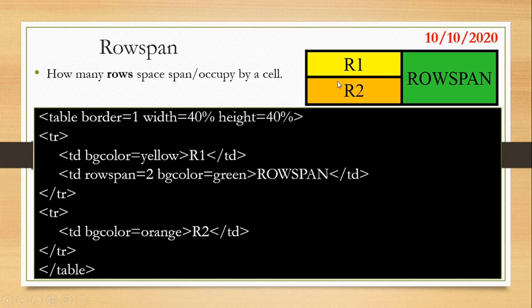Inside the first cell of the second row it has R2, so you have to write R2. Now we finish creating this cell, so you have to close the td over here. Now we finish with the second row also. We have already written the Rowspan cell, so we have to write only this R2. Now we have to close the second row here, then we have to close the table.